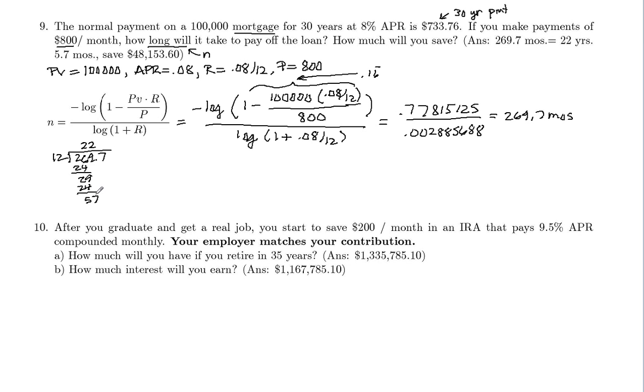Yeah, so let's see, that's a 9. 269.7 divided by 12 is 22.475.